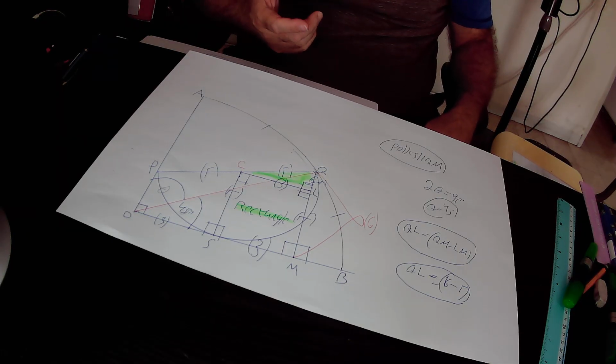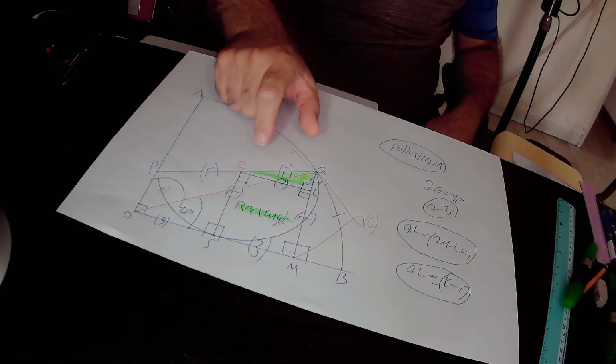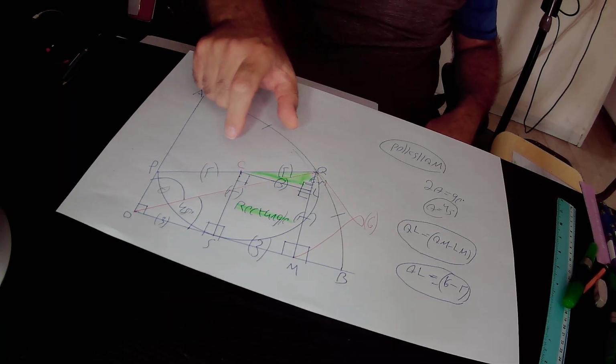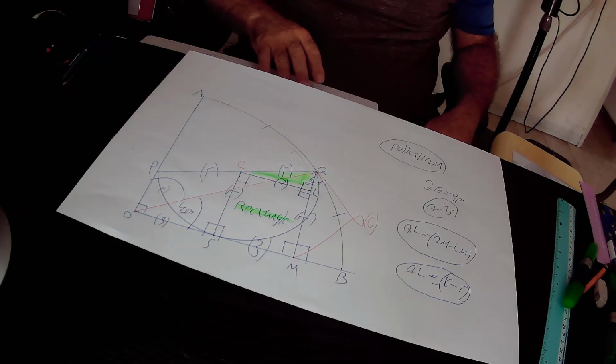The relationship is as follows: PC over CQ equals OS over SN.